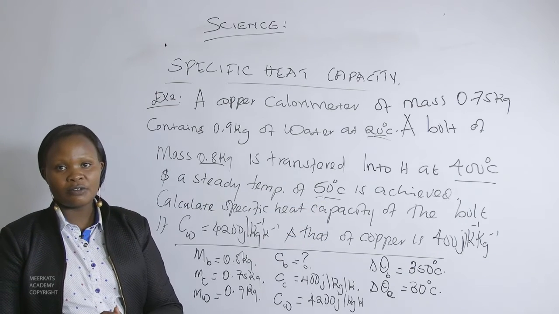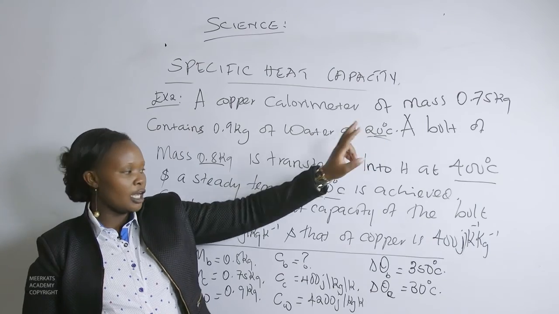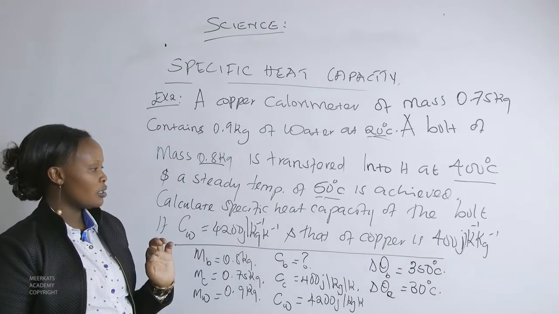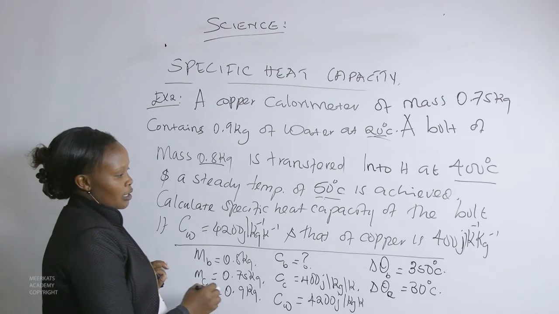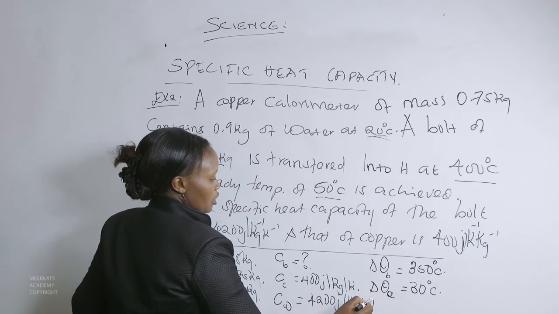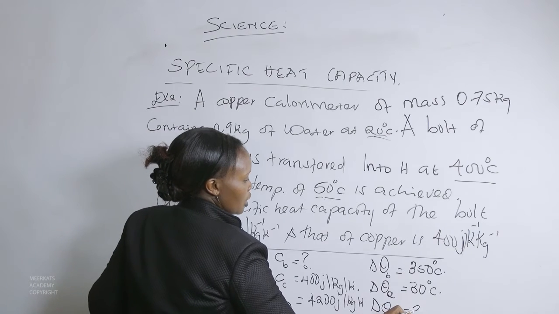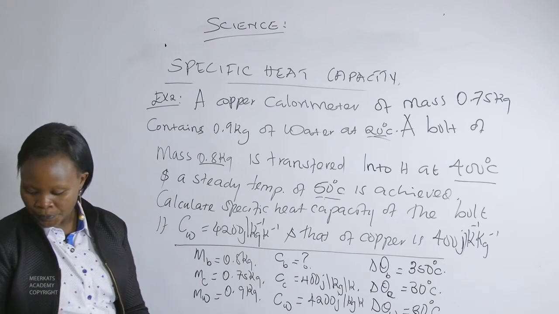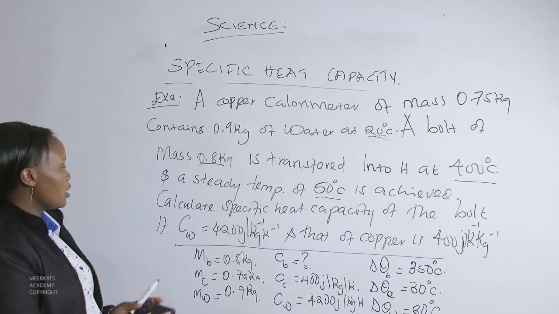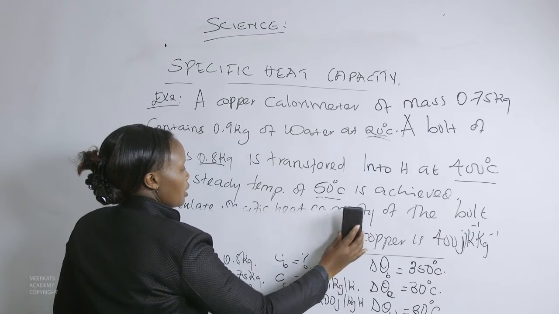Therefore, we are justified to say that the two were at 20 and their temperature rose to 50 degrees centigrade. Therefore, the change of temperature of water also is 30 degrees Celsius.